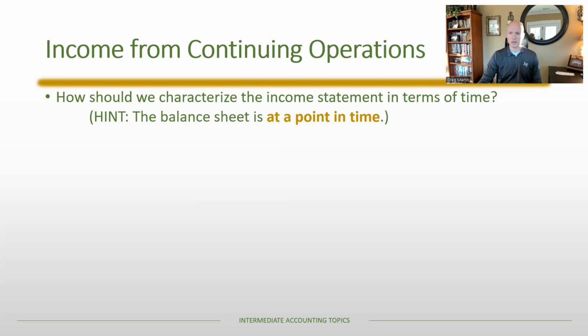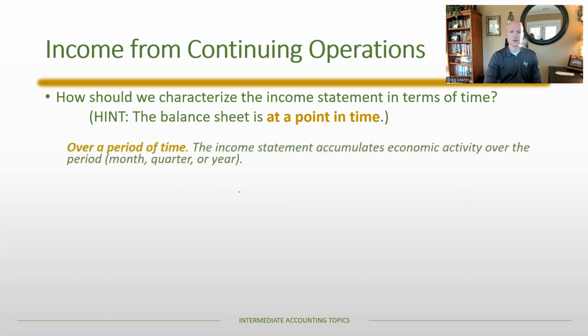We do report income over a period of time. As you remember, we accumulate economic activity over a period of time, and then we report the economic activity over that period of time. Whether it's a month or a quarter or a year, you're accumulating those activities over that period.